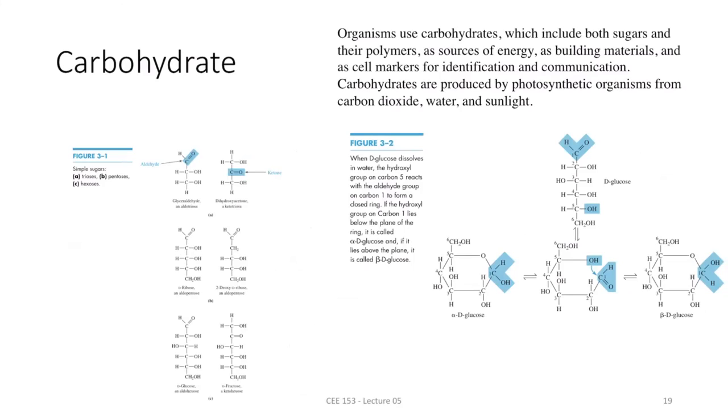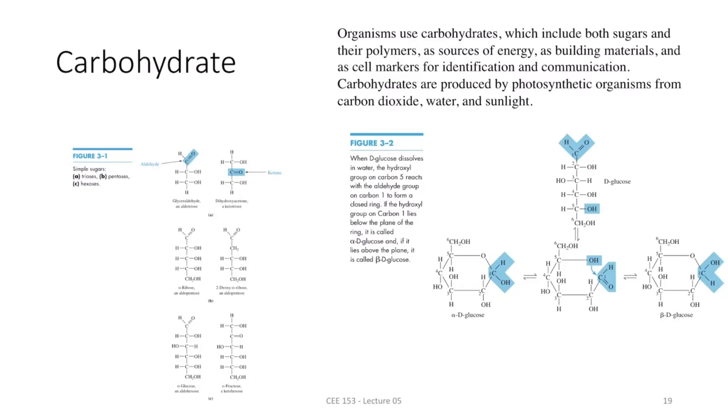So for example, sugar is a carbohydrate. When you drink sugar, it's easy to break it down. Microorganisms have the easiest way to break it down and get the most energy from carbohydrates. So that's why, when you drink sugar drinks, that gives you instant energy, because your body is able to break it down.